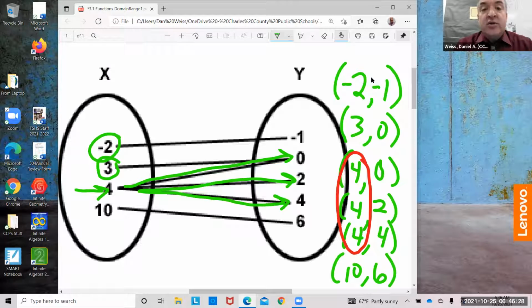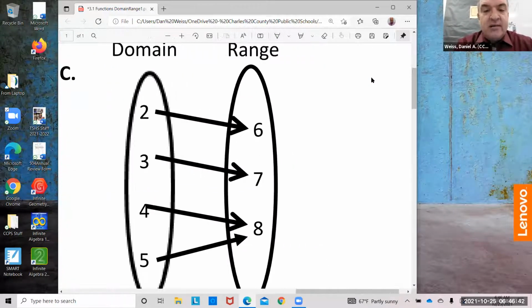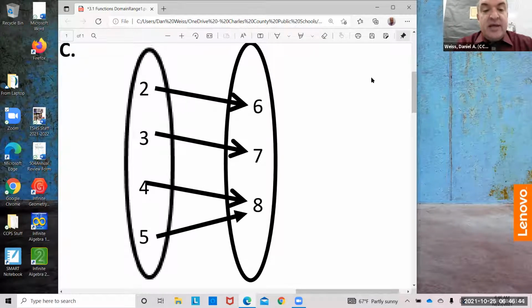That is all you need to know. If the x repeats, it's not a function. If the x doesn't repeat, it is a function. That's all you need to know. So right here, the x does not repeat.